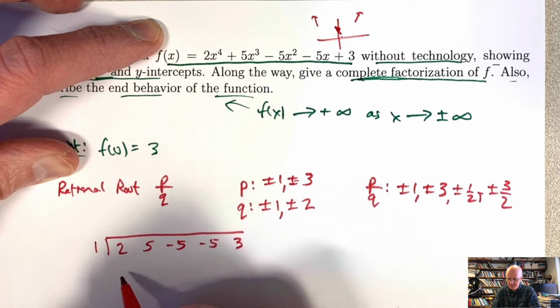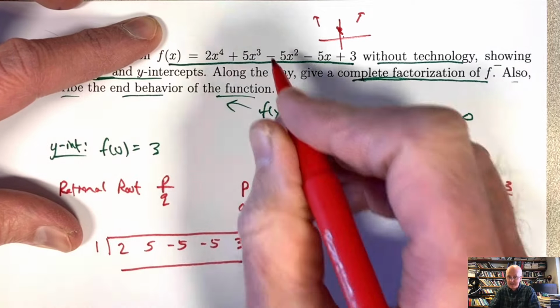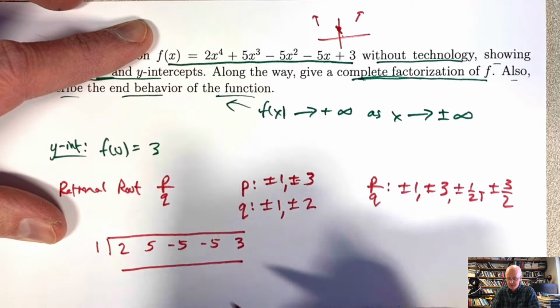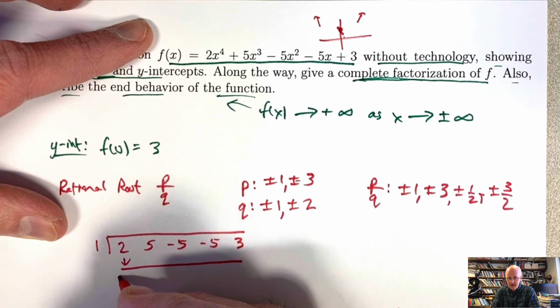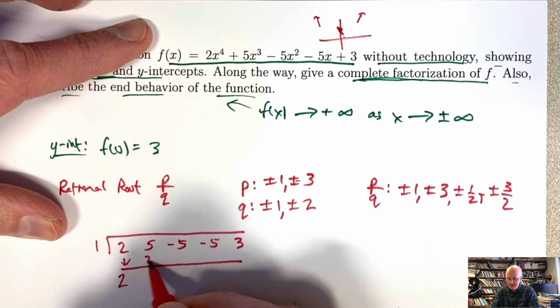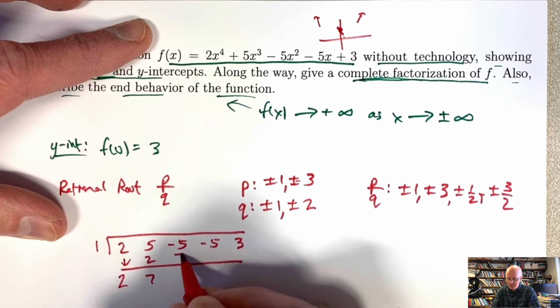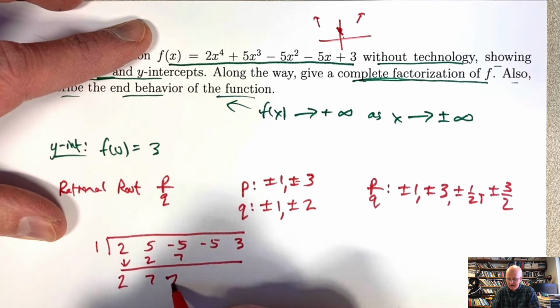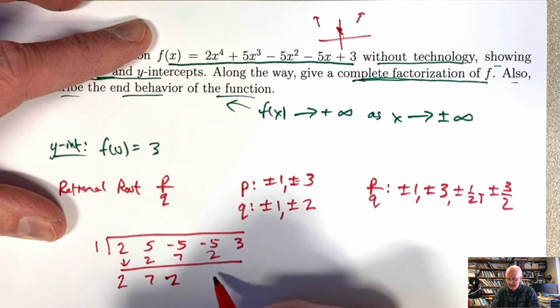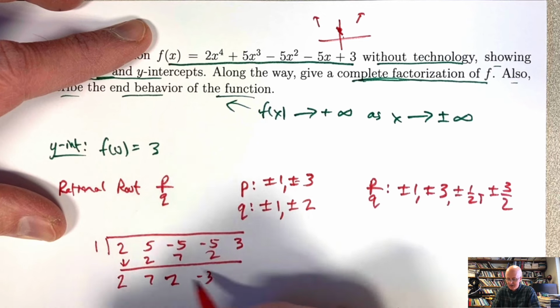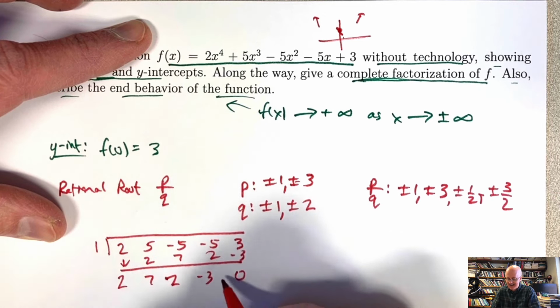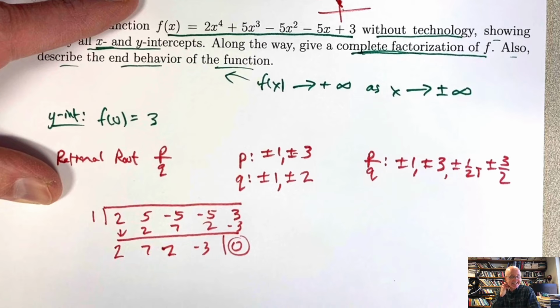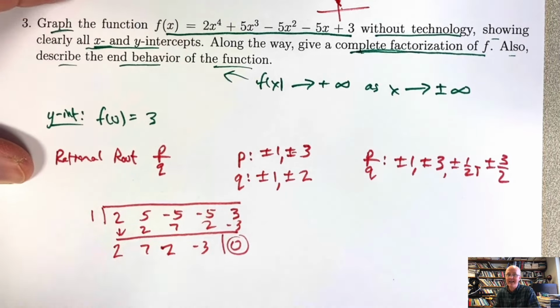That looks good. Remember, if there's a missing term, to put a 0 down there with synthetic division. Bring the leading number down. 2, multiply, add, multiply, add. 1 times 2 is 2. Multiply, add, multiply, add. I got a 0 there. Yes, that confirms that 1 is a root.